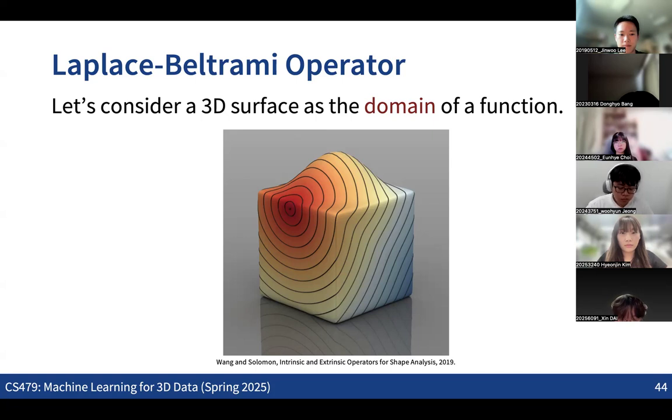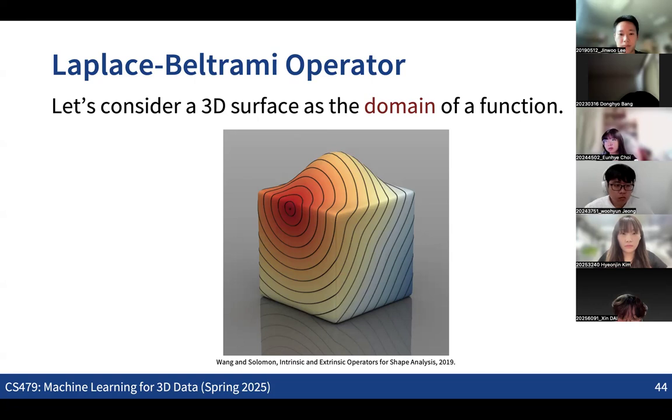We can do the same thing for a function defined over a 3D surface as well. The 3D mesh can be considered as a discretization of the 3D surface, with n vertices. If we evaluate a function at each vertex over the surface, then we also have a vector representation for the function defined over the surface.